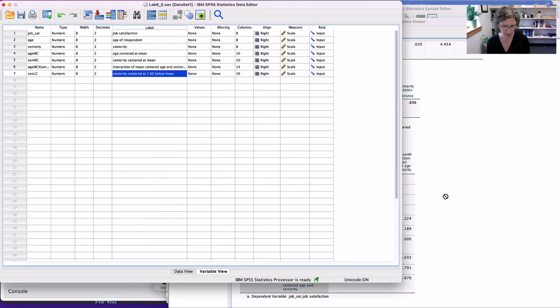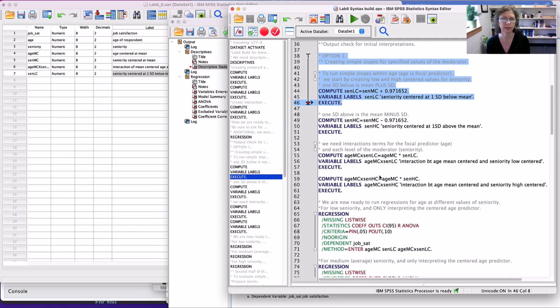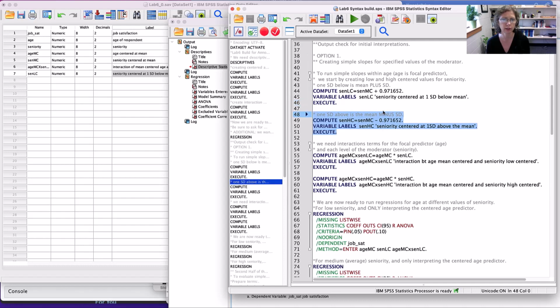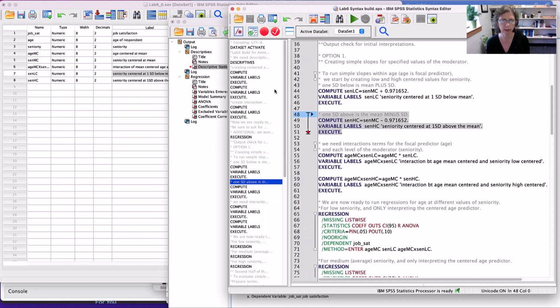Now I also want to get one standard deviation above the mean. So there I subtract the standard deviation. You can either do the click-through or you can just adjust your syntax and run it from syntax. And then I still need, let's see what I do next.